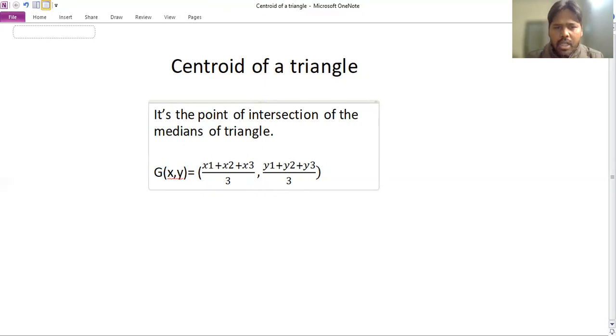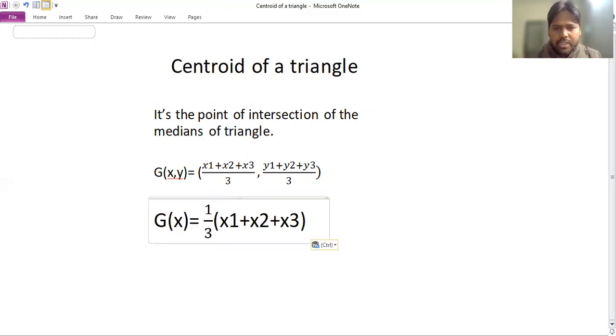Now this centroid of a triangle can also be calculated separately as G of x and G of y.